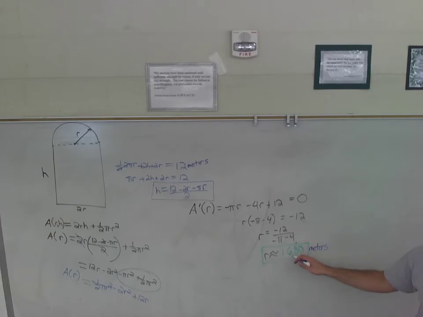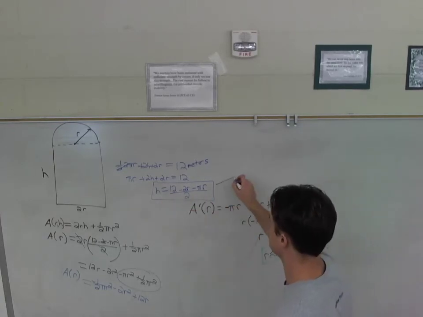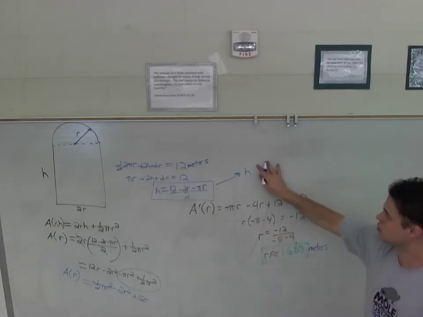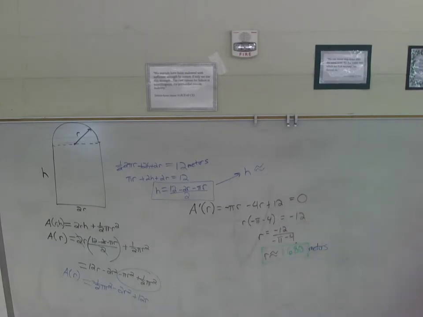Which of these plays back in? And we also need the height, right? So you plug it back in and get the H. Can you guys do that real quick and tell me what it is here? What is the H that's going to maximize how much light we get?